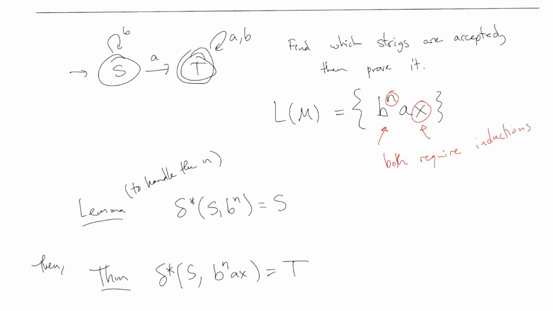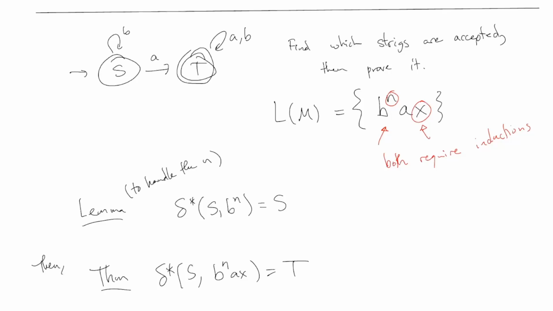So you're doing this part first. Yep. And that should be induction using n. So you should start with a base case for the n here. You should do the base case for the lemma. Yeah, the lemma has to use induction on n.